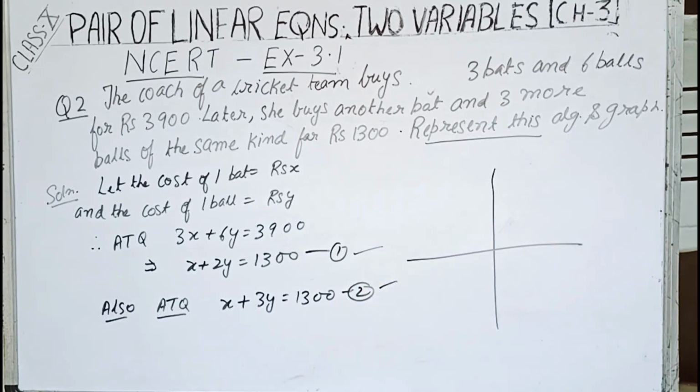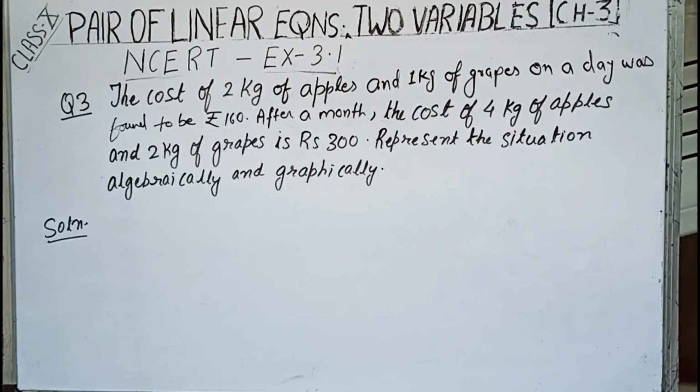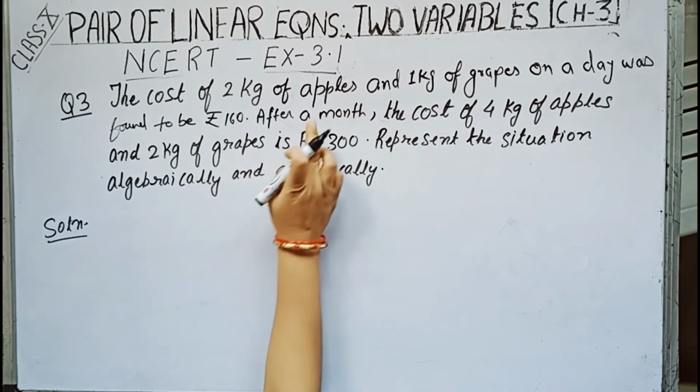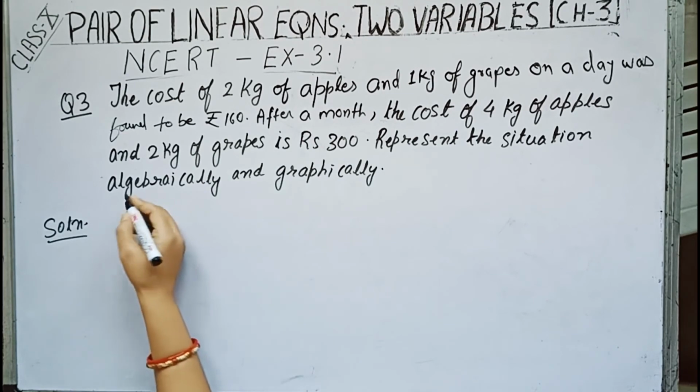Coming to question number 3. Question 3 is: the cost of 2 kg of apples and 1 kg of grapes on a day was found to be rupees 160. After a month, the cost of 4 kg of apples and 2 kg of grapes is rupees 300. Represent the situation algebraically and graphically. So children, here apples and grapes are there.